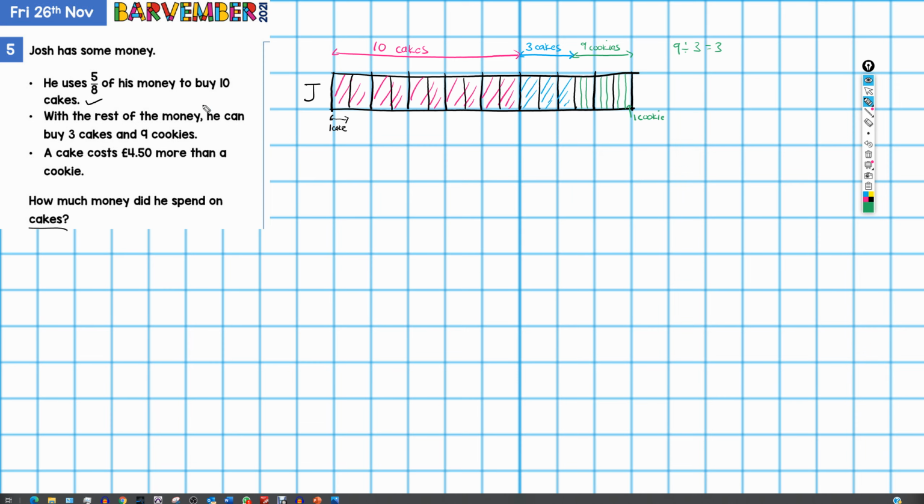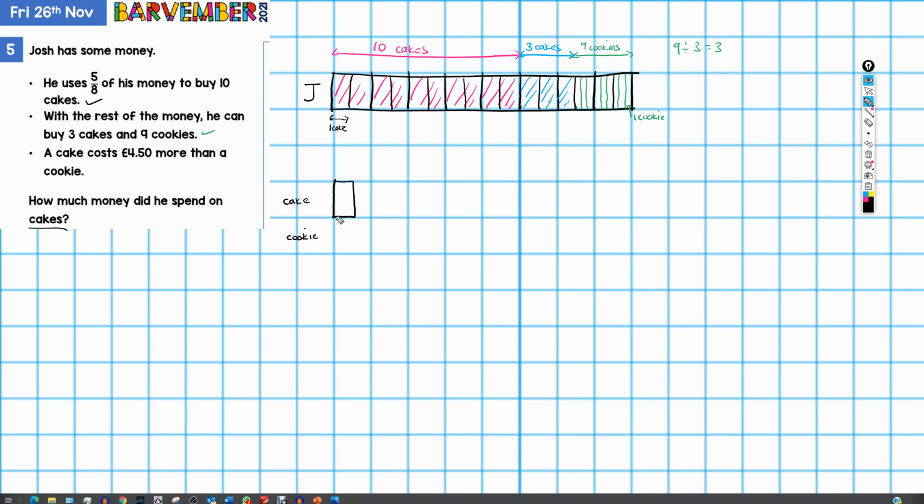Now, what are we told? We're told a cake costs £4.50 more than a cookie. I could work that out from here, but I think it would be nice just to draw another bar to show what's happening. This represents cake, and this one underneath is going to represent a cookie.